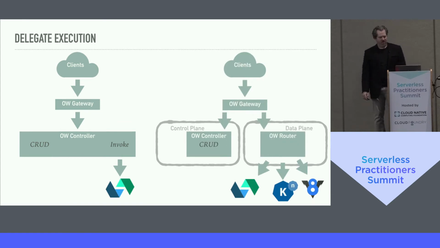And within the OpenWhisk router, we have this logic that is able to map the function to the appropriate execution environment, either by defining annotations on the function or by specifying as part of the request, giving it hints, if you will, to see which execution environment is appropriate for those function calls.